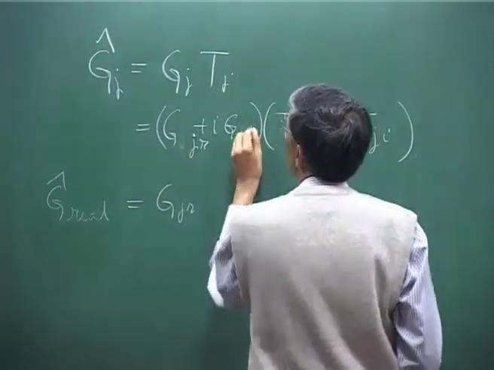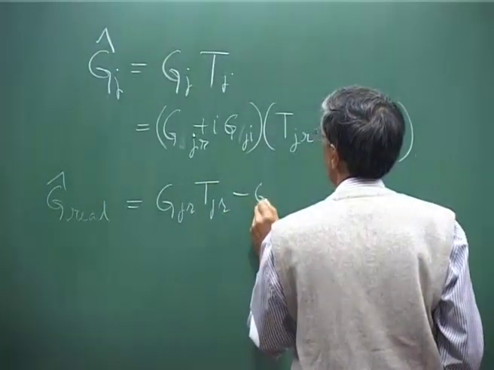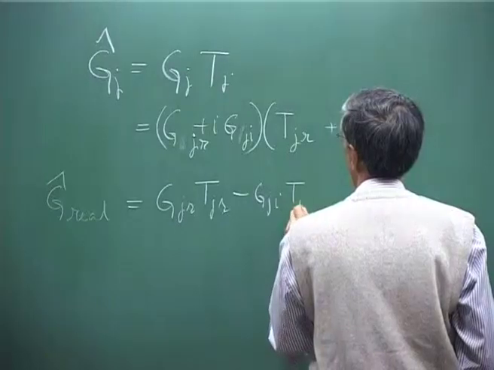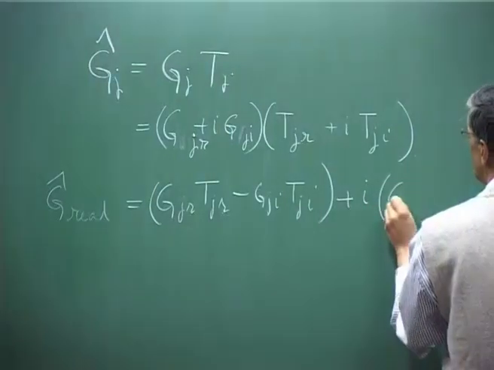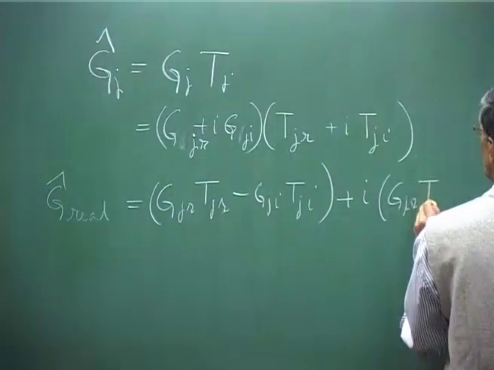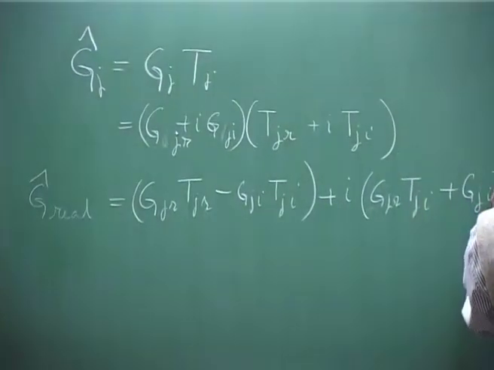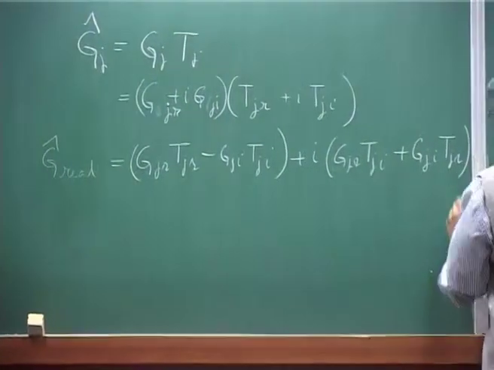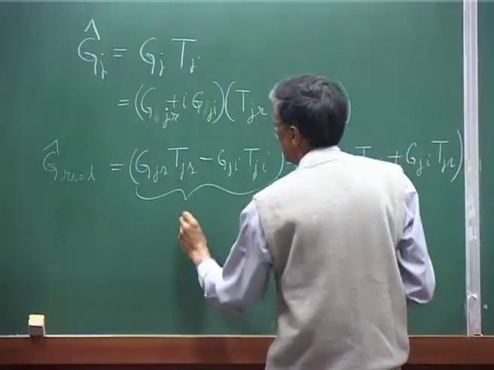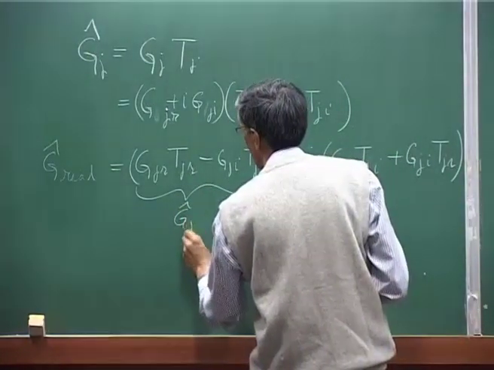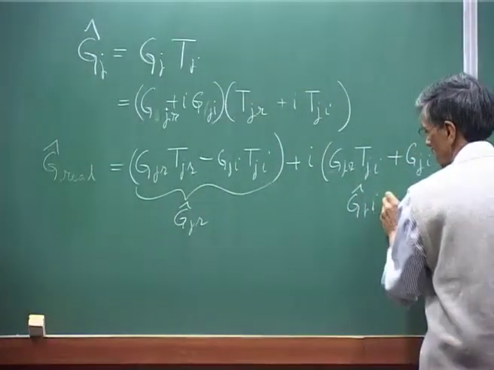Let me be consistent: gjr times. So this is the real part, and this I could call gjr, and this I will call gji.